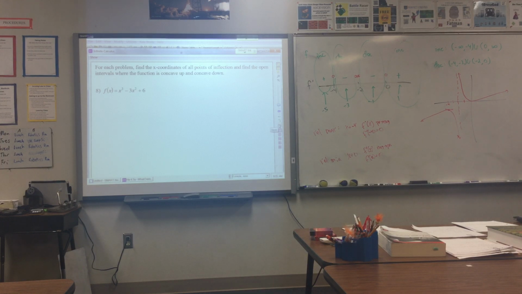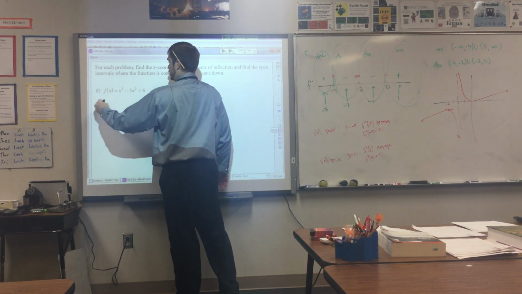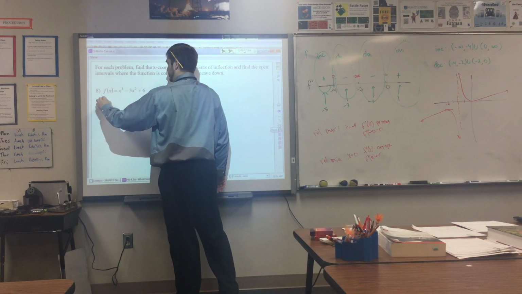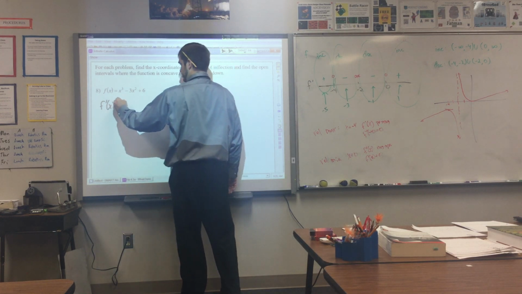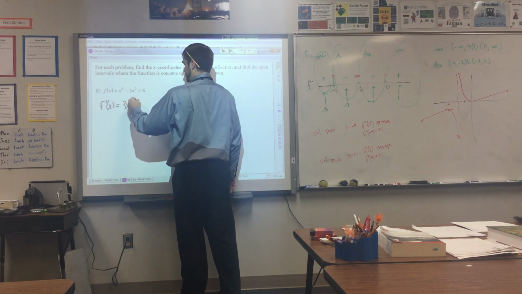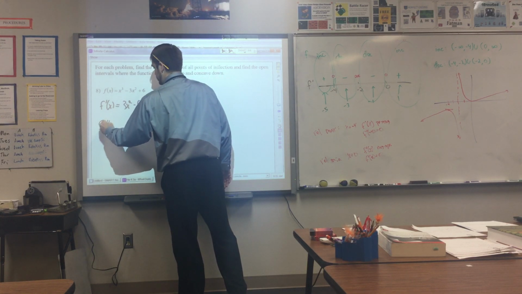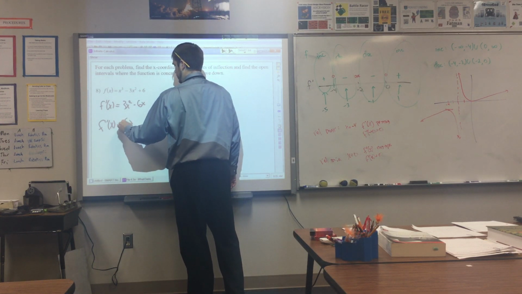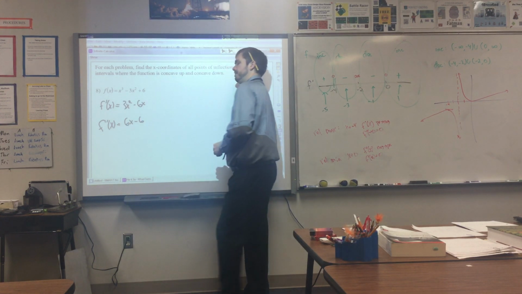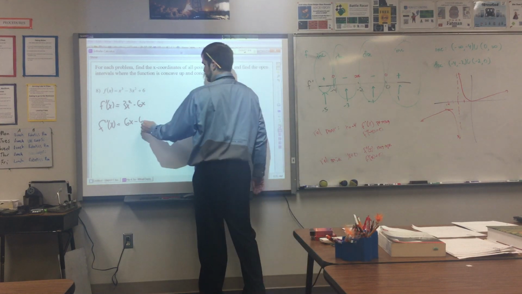Okay, this one is a little more interesting. First derivative, call it out in class: 3x squared minus 6x. Second derivative, 6x minus 6. What we want to do is set that equal to 0.